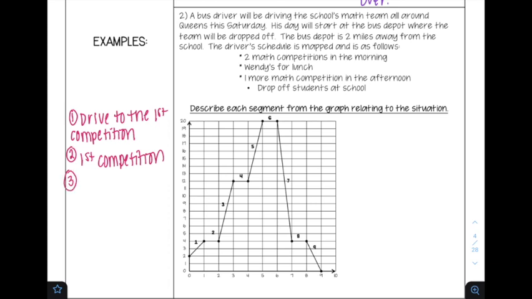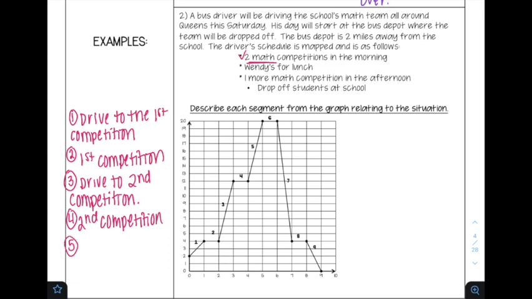The third segment, we have 2 math competitions in the morning, so that must be driving to the second competition. The fourth segment is probably when they're at the second competition and he has to wait for them. The fifth segment, well, this is done. They went to the 2 math competitions.